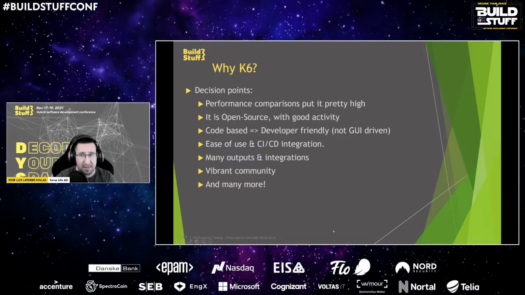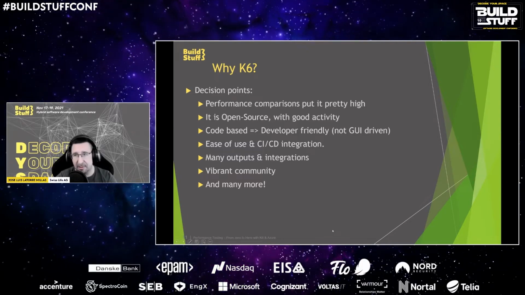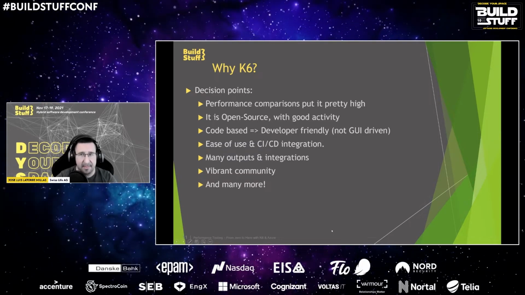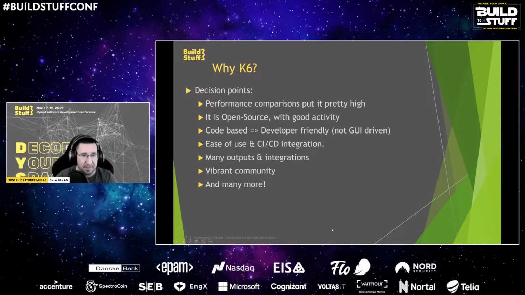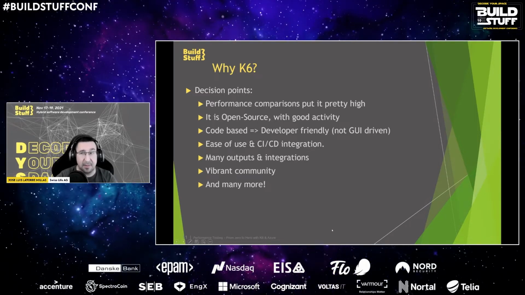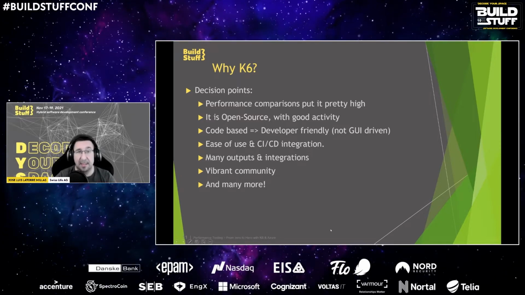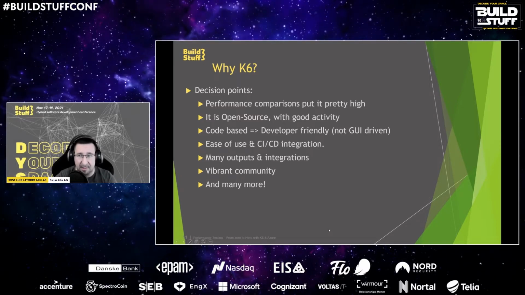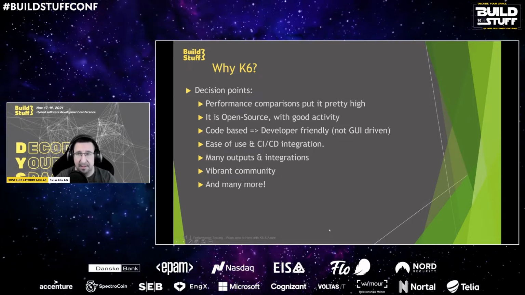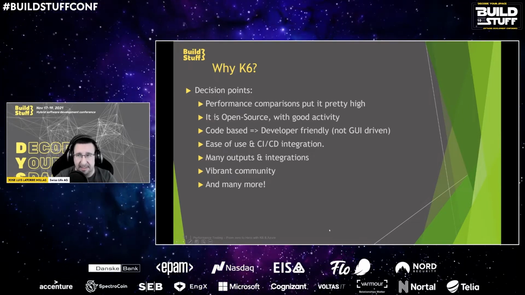It is open source. They have a version which is open source and has very good activity. It's code-based, so you can put your performance tests as code along with your code, so the tests evolve as your code does. That's a very good thing if you think in DevOps and CI/CD integration.